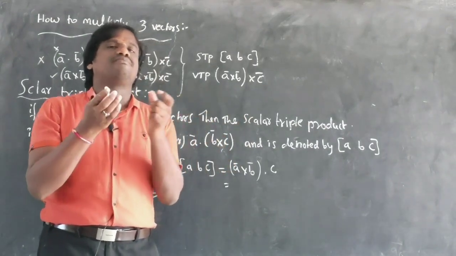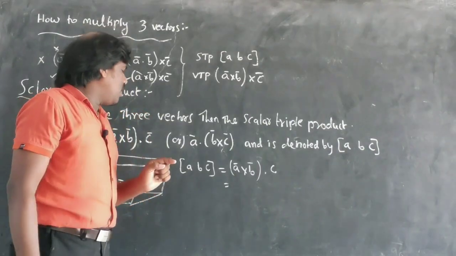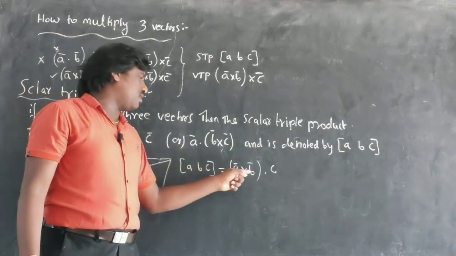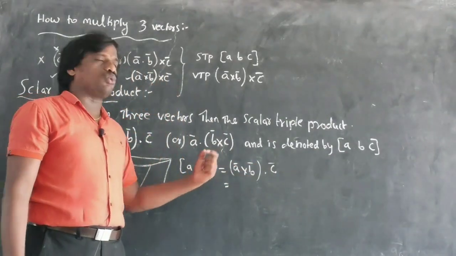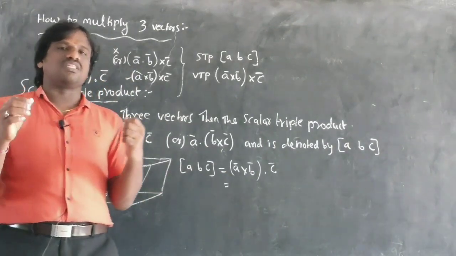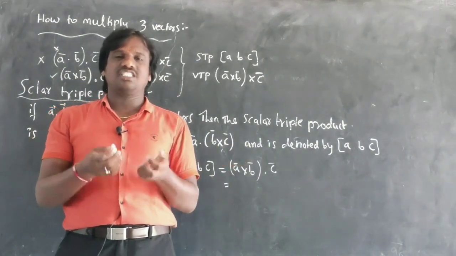What is the meaning of box ABC, I'll tell you in detail. Just wait. Now, box ABC can be written as A cross B dot C, and this can be represented in two ways. One is using the angle concept, and one is using the vector concept, that is Cartesian geometry.